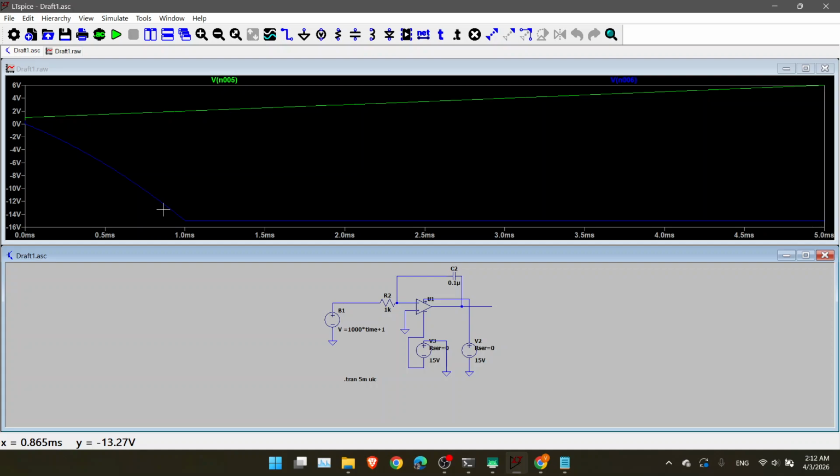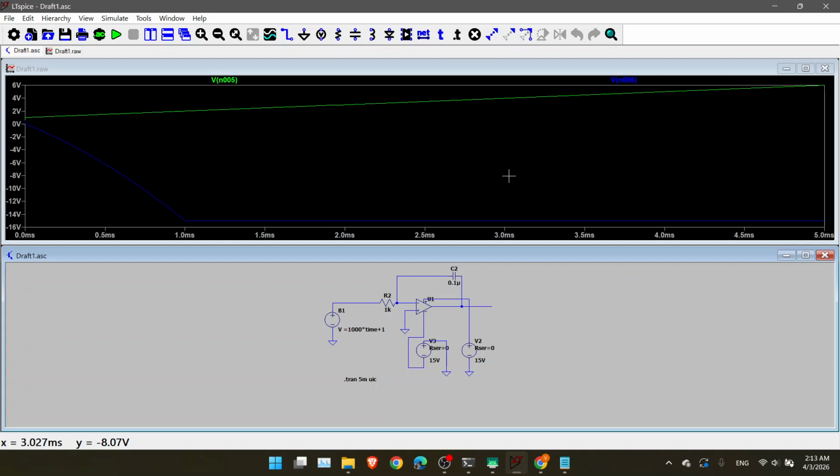It's just a flat line, and the input voltage is just fine, and the output voltage cannot go beyond the supply voltages. And this is how a silicon chip makes an integration.